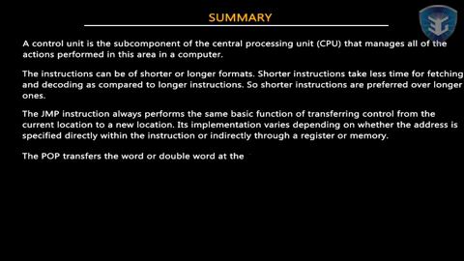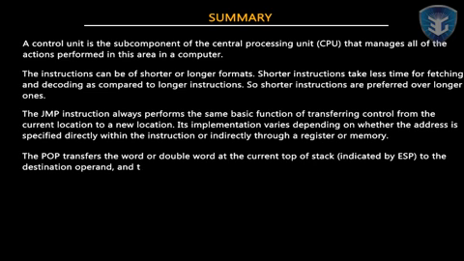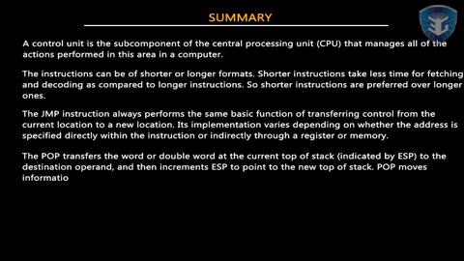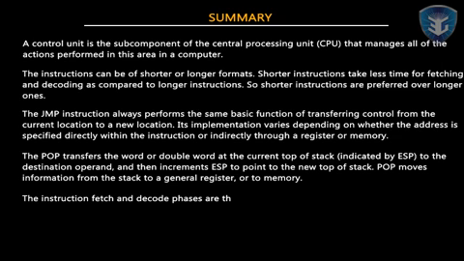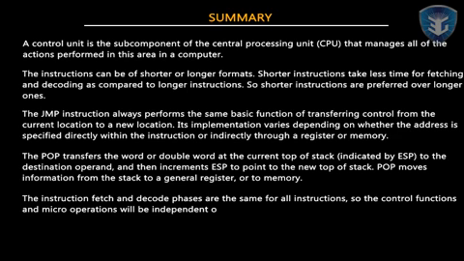The pop transfers the word or double word at the current top of stack, indicated by ESP, to the destination operand, and then increments ESP to point to the new top of stack. Pop moves information from the stack to a general register or to memory. The instruction fetch and decode phases are the same for all instructions, so the control functions and microoperations will be independent of the instruction code.